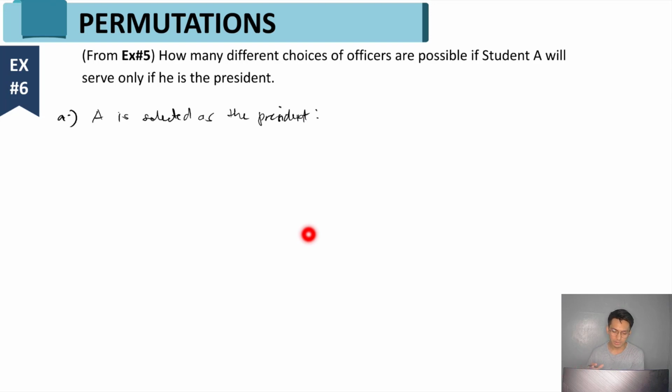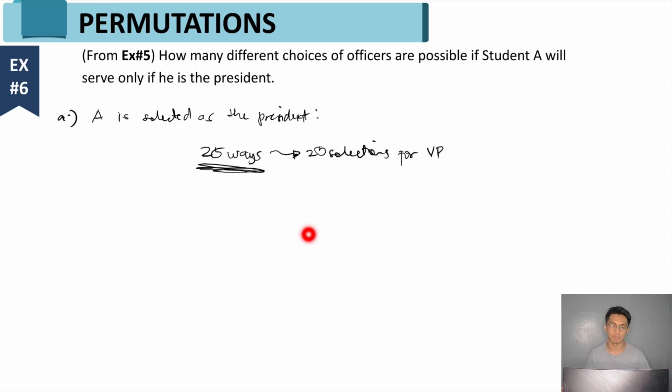And ngayon, ibig sabihin na si student A na president, meron pa tayong 25 students para sa vice president. So, hindi na natin kailangan ng formula ng permutation of subsets kasi isa na lang ang pipiliin out of 25 students. So, meron na lang tayong 25 ways. And yung 25 ways na yan ay galing sa 25 outcomes or 25 selections for the vice president.